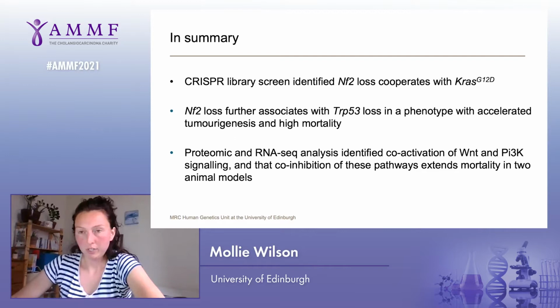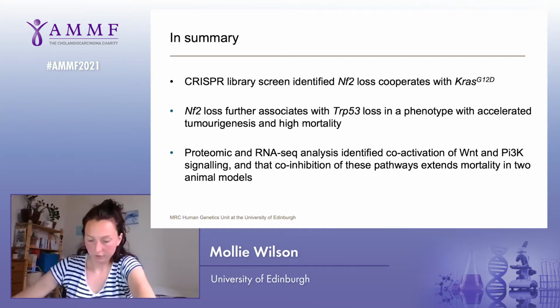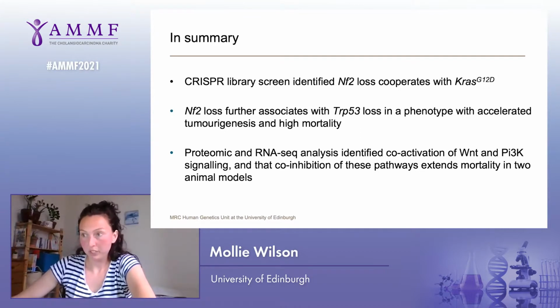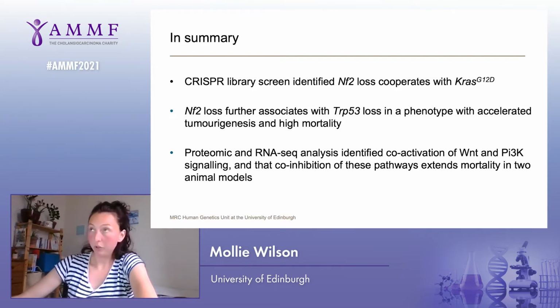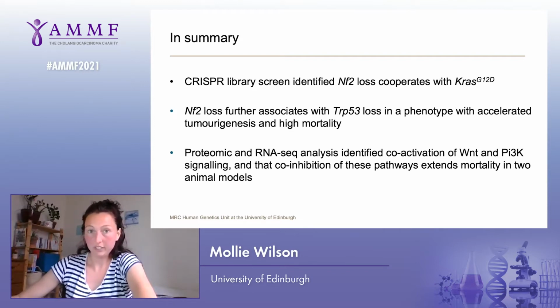So in summary, I used CRISPR-Cas9 screening of these loss-of-function mutations that we identified with the computational screen to identify NF2 as a rare driver of ICC. And we found that deletion of NF2 interacts with oncogenic Kras G12D to initiate ICC in vivo, and that NF2 also cooperates further with TRP53 loss, and that leads to this greatly accelerated phenotype with high tumorigenesis and increased mortality.